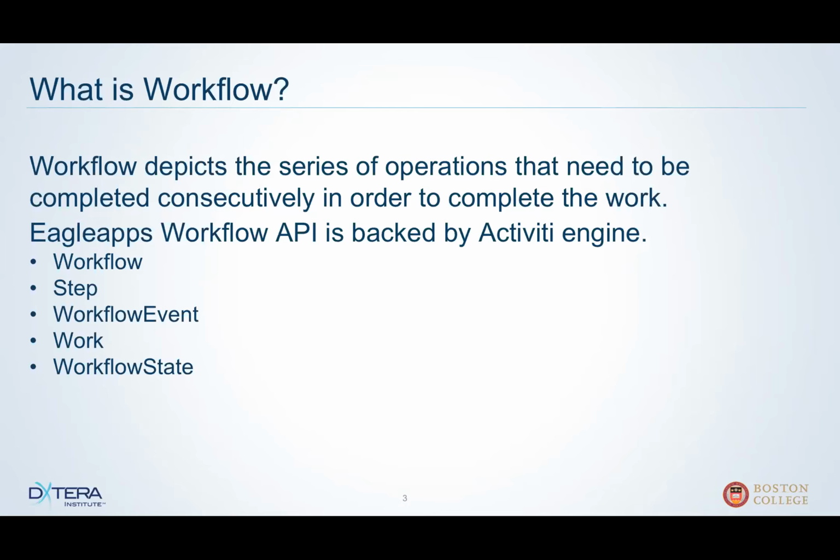So whenever a work travels through the steps in the workflow, a workflow event is a logging mechanism that says how a work has traveled through the steps. And workflow state is the state of the workflow. It is an entity that defines the state of the workflow.